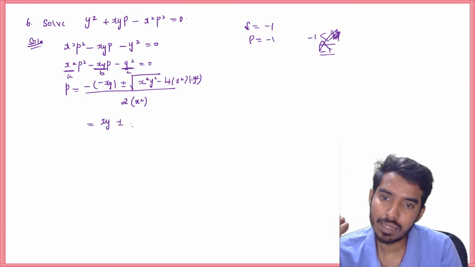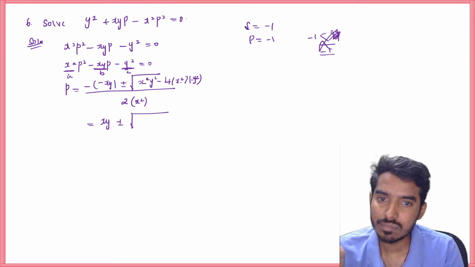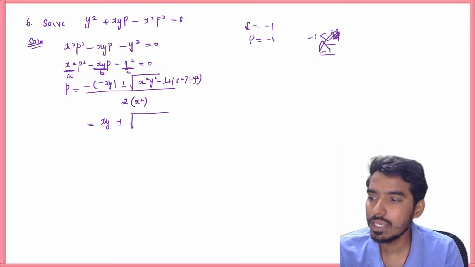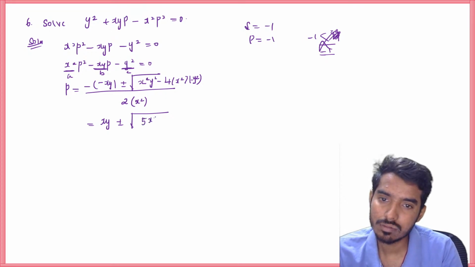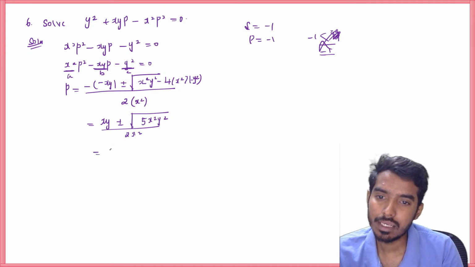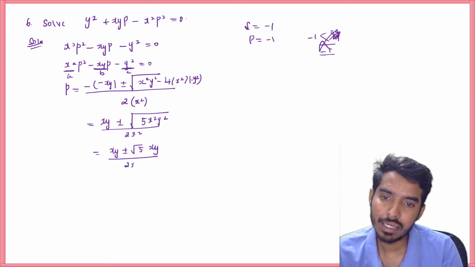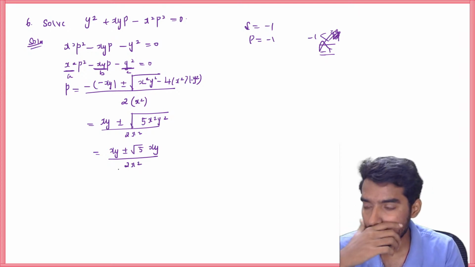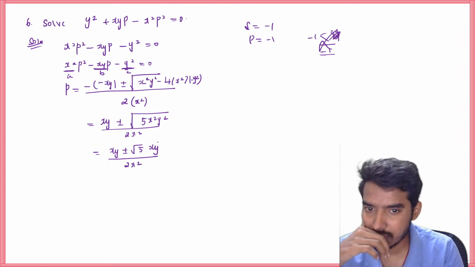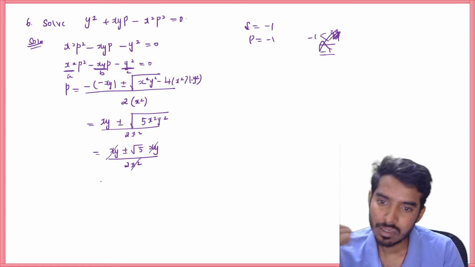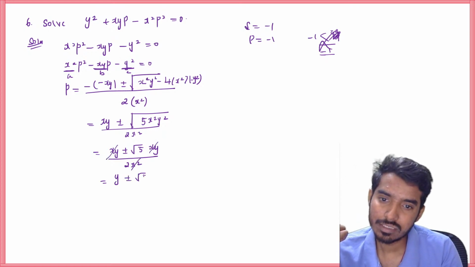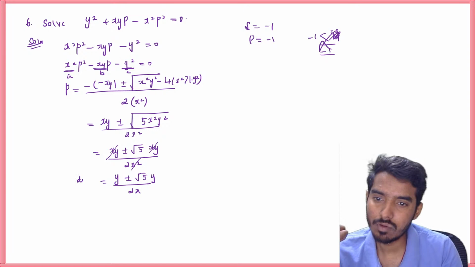We have xy plus or minus root 5 times xy, divided by 2x square. The x square root is xy, divided by 2x square. Now we can cancel one x. So we have y plus or minus root 5 y, divided by 2x. This is our dy by dx.